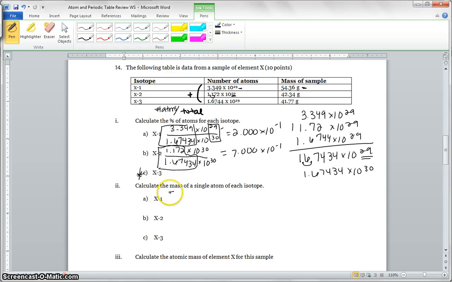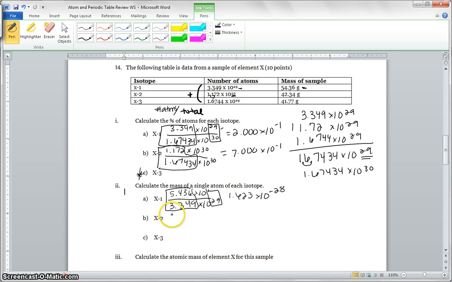So this one will be 5.436 times 10 to the first divided by 3.349 times 10 to the 29th. Again, we divide this, which gives us 1.623 times 10 to the negative 28th. Subtract these: 1 minus 29, that's where we get the negative.